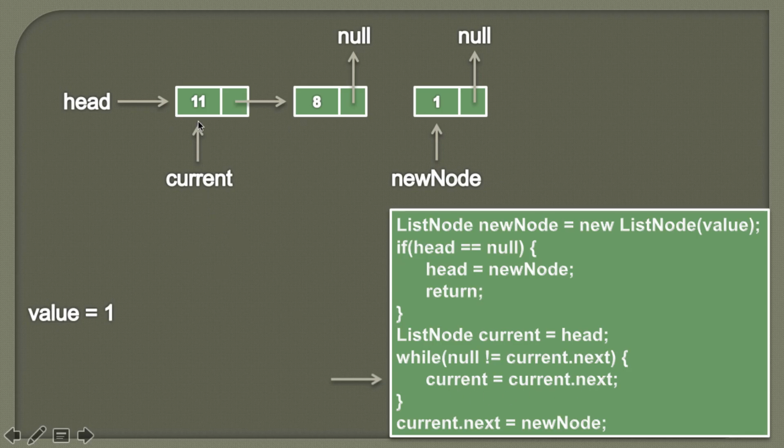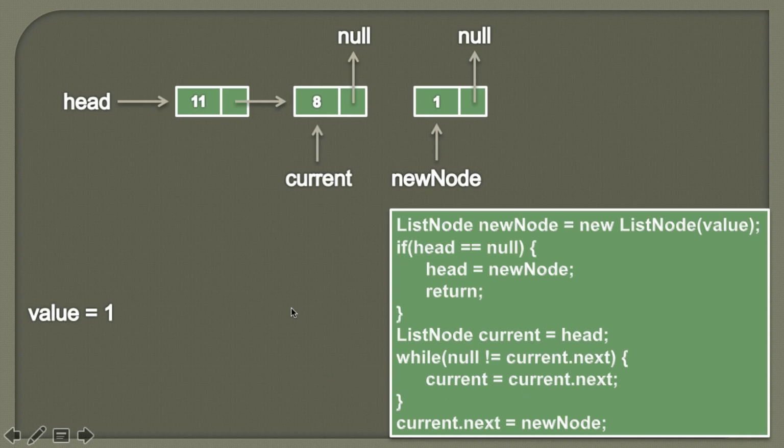So it would look something like this: current has simply traversed to its next node because we have assigned the value of current.next to current.